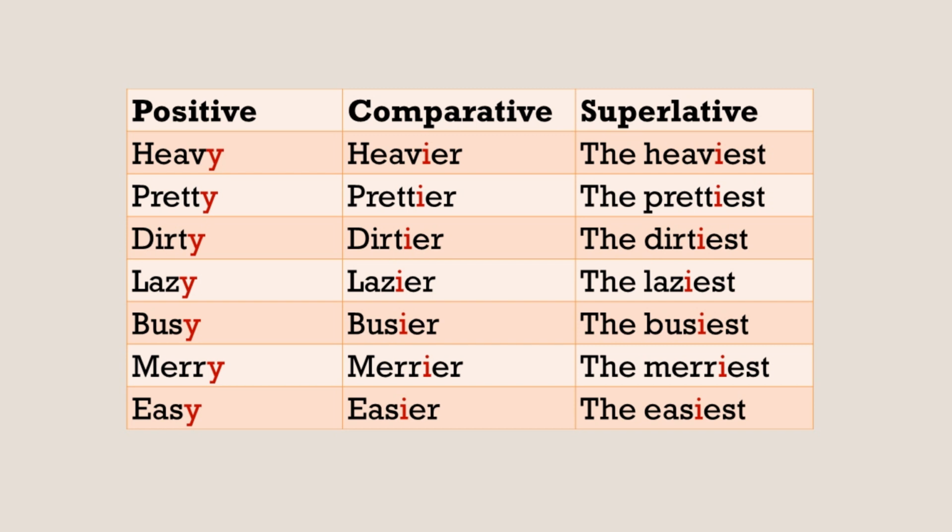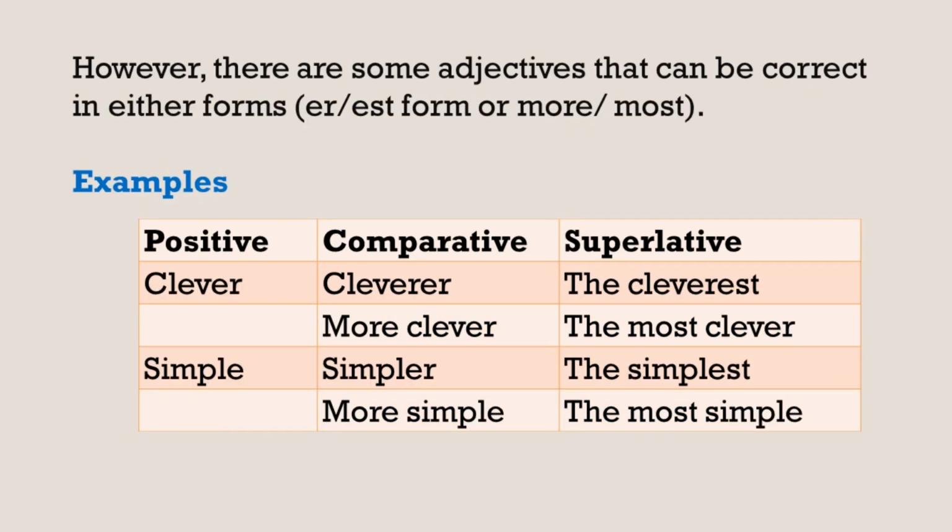Rule 6. However, there are some adjectives that can be correct in either form, the ER or EST form or the more or most form. Examples: in the positive, we have clever and simple. In the comparative, we have cleverer, or we can use more clever.